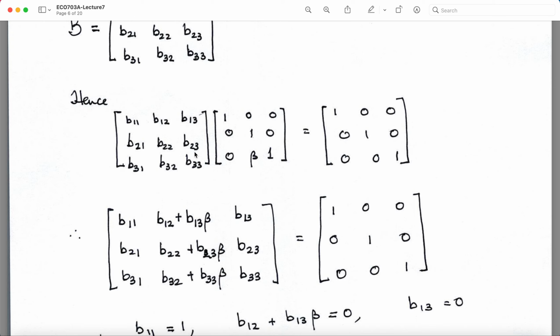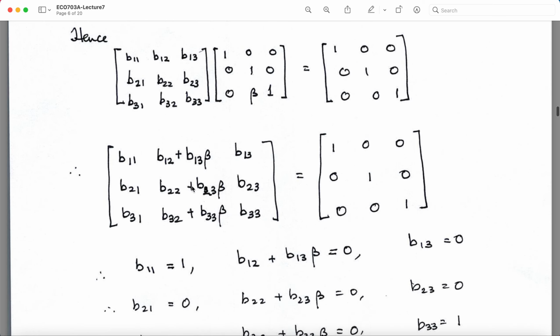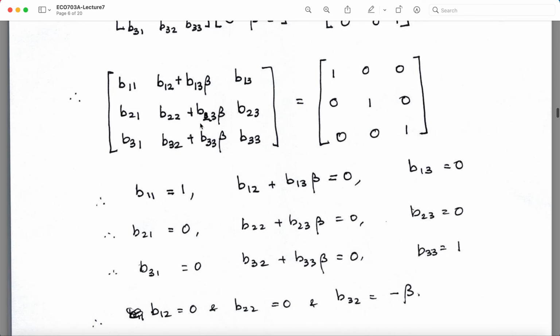If I multiply this matrix, this is what I will get. Be careful, it is not like the diagonal matrix. It is not a diagonal matrix. Please understand. It is actually kind of lower triangular matrix here. It's not the diagonal matrix, so the things will be slightly different. So here would be the equations.